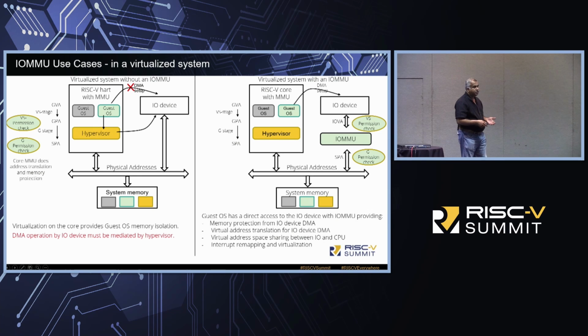But in the absence of an IOMMU, this direct device assignment is not possible, because a guest VM could program the I/O devices to access memory of the hypervisor. It could program the device to access memory of the other VMs. The lack of an IOMMU requires the hypervisor to be the mediator, and that's a limiter for performance.